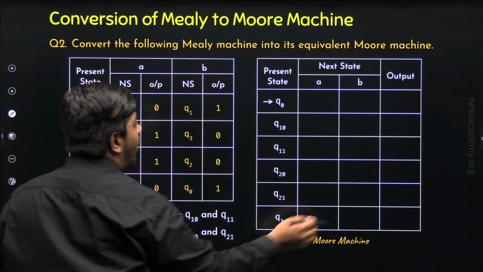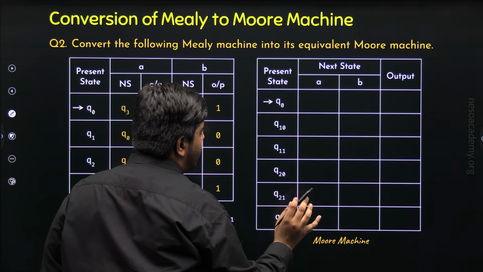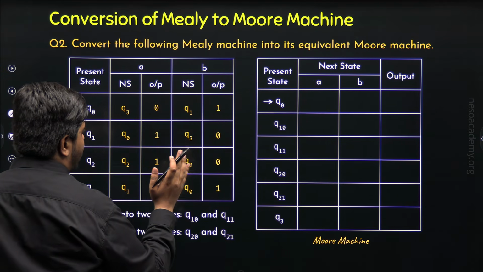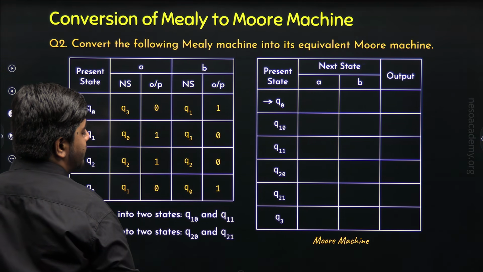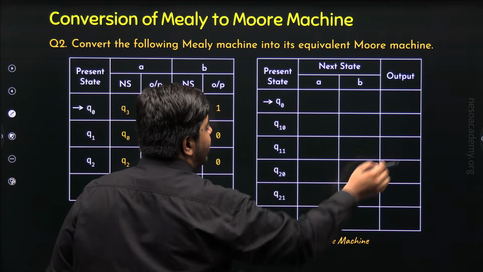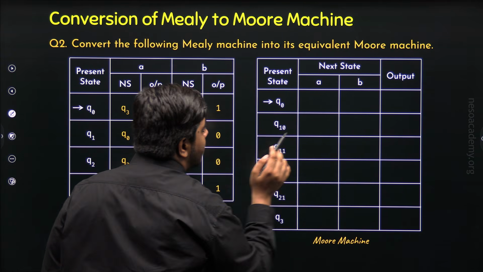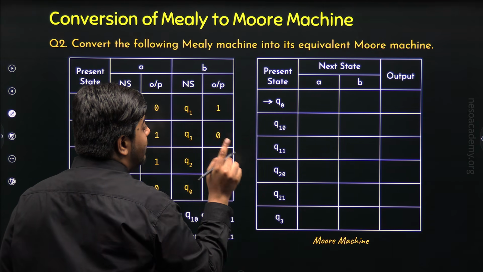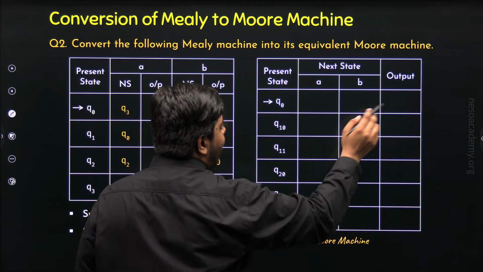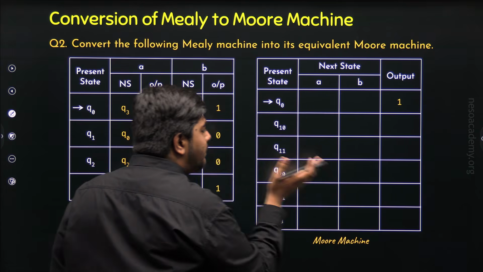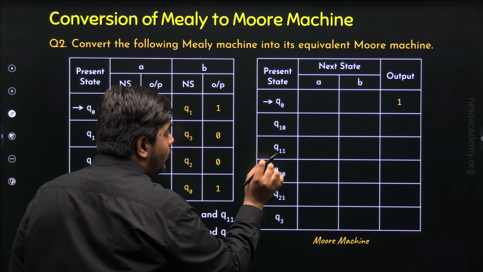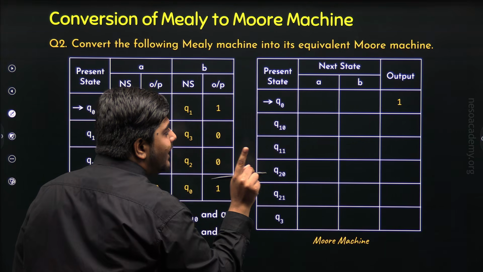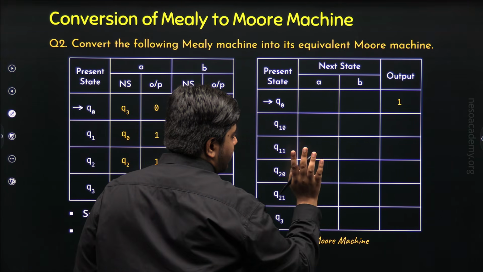Now we have to fill all the entries of this table by using this particular transition table of the Mealy machine. So we will start by filling the output column first. Now Q0 was associated with the output symbol 1. That is why I will write 1. In the previous slide I explained that Q0 receives only one output symbol, that was 1.